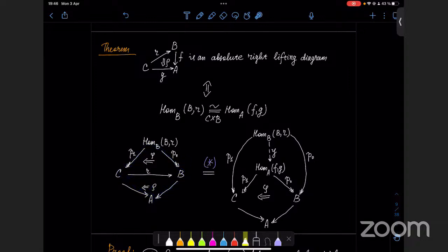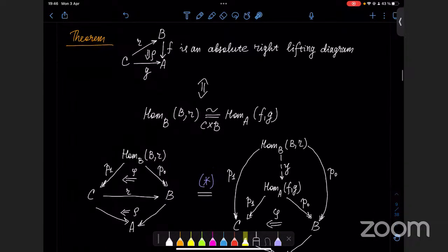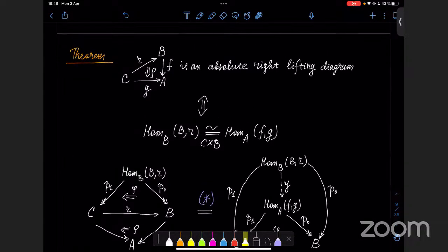Any diagram with X here and without this guy can be factorized through this two-cell, meaning that you have some equality between compositions of two-cells.